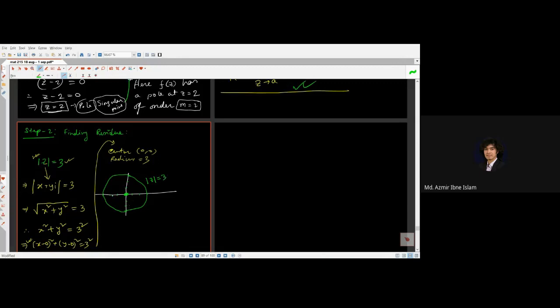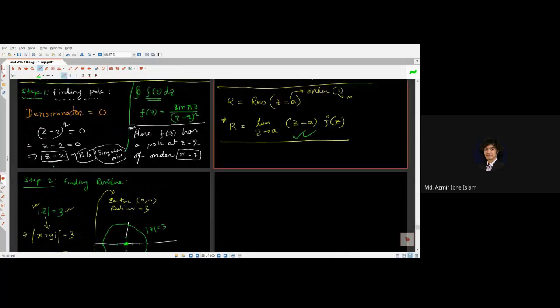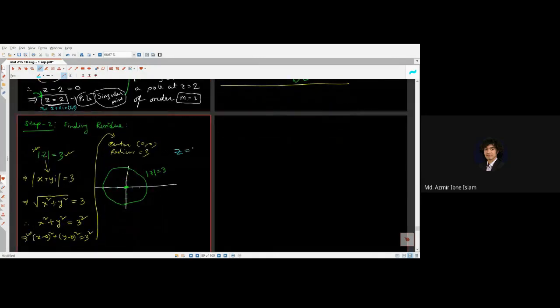Now we have to check whether the pole is inside or on the circle. So we have z equal to 2. Now you know that z equal to 2 is actually a point, z equal to 2 plus 0i, or the point (2, 0). Any complex number is a point. So this is our pole, z equal to 2, or the point (2, 0).